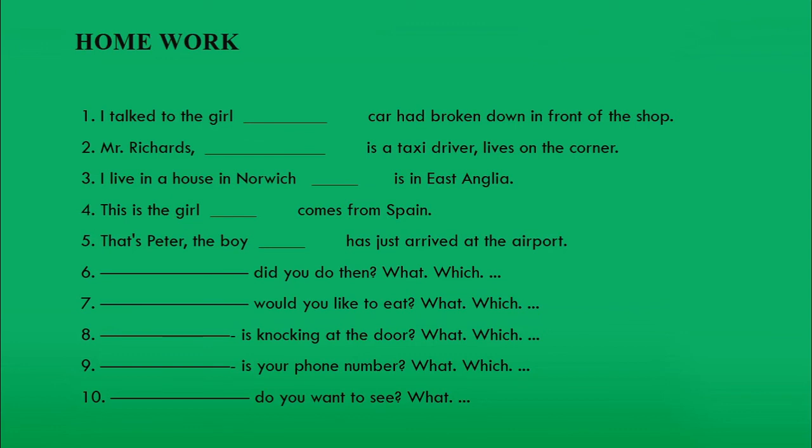This is the girl dash comes from Spain. That's Peter, the boy dash has just arrived at the airport. Number 6. That. Did you do that? What or which? Number 7. Would you like to eat? So complete them. Right.